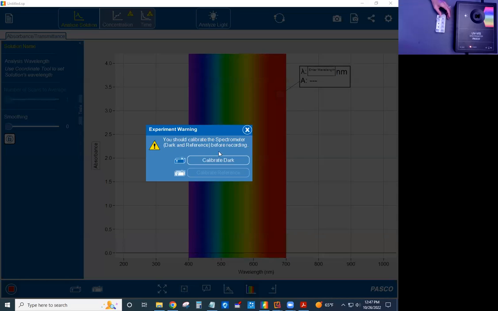It's going to remind me I'd better calibrate because I need to make sure that when I measure each of these solutions, I'm not getting any interference, or I'm eliminating any interference that might come from the cuvette or from the exterior outside of the spectrometer, from the light out there, or the solvent itself. The solvent may be adding interference, or it will affect the light going through.